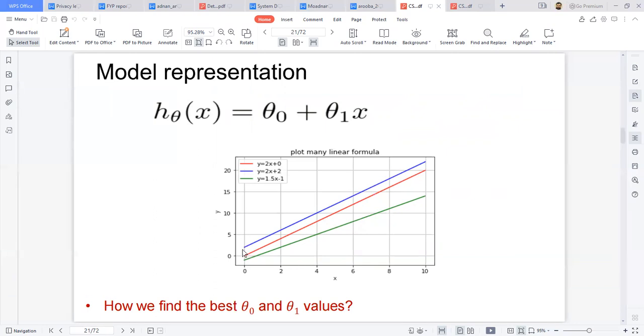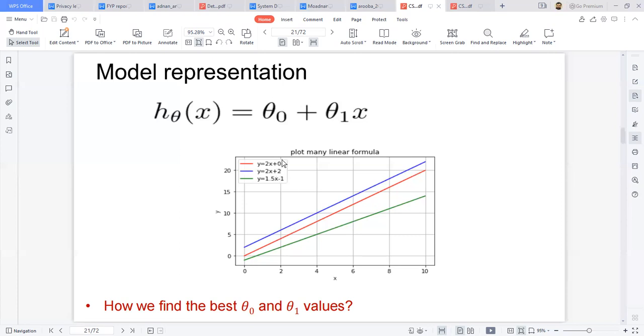And if it's -1, then y will be -1, on this side, so the line starts below the origin. If it's -2, it will be from here, negative points. So did you understand why we use theta naught?